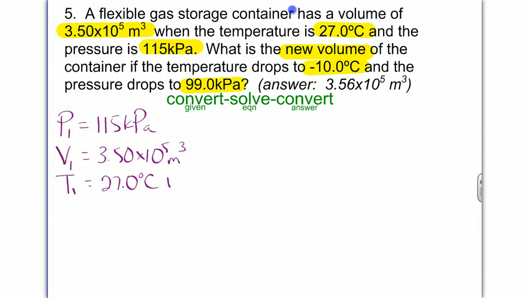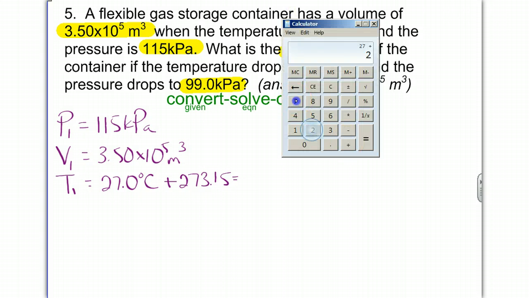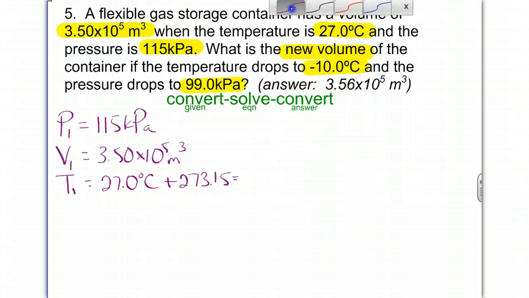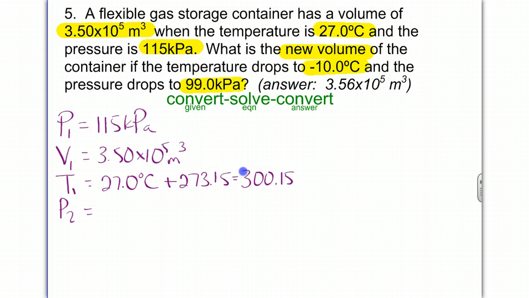Immediately, I will take Celsius, add 273.15 to change it to Kelvin. And that'll give me 300.15. My P2 is 99.0 kilopascals.